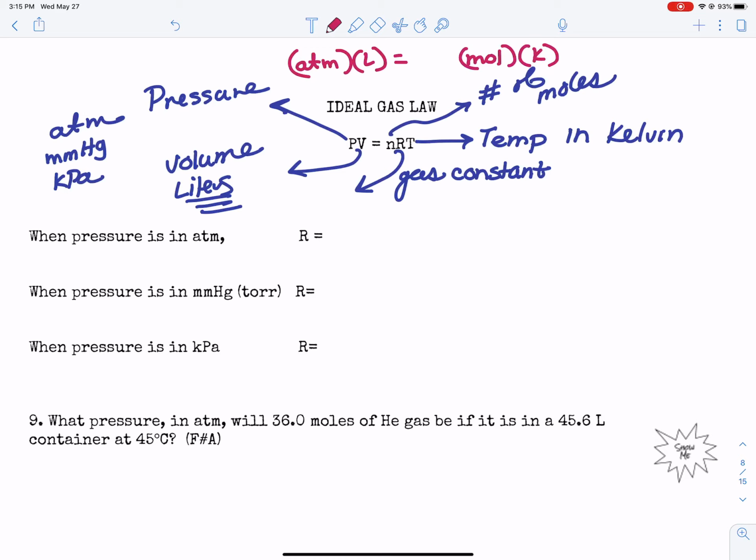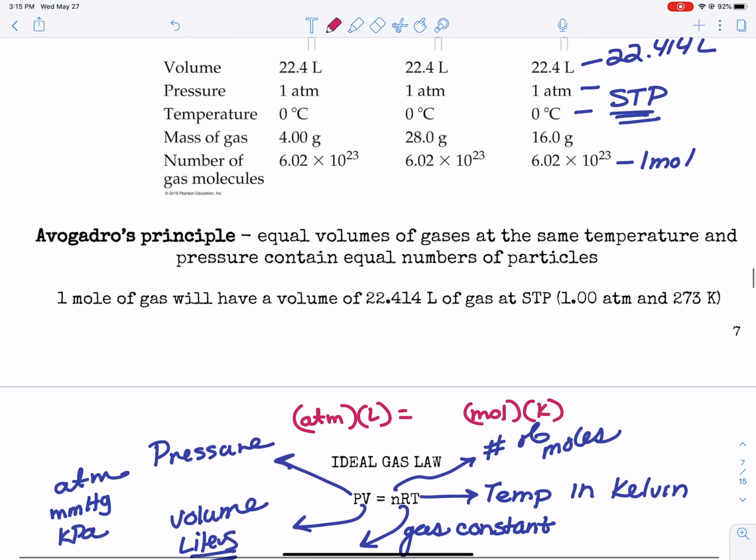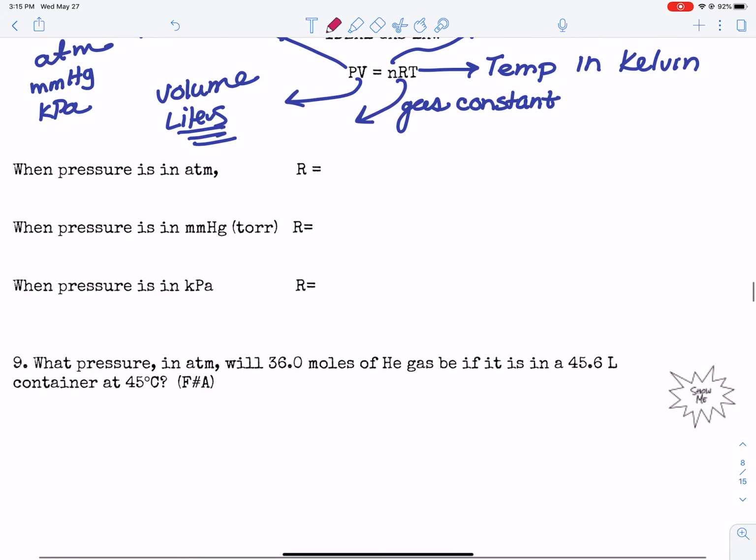And what R does is it makes sure that the units are the same on both sides and that these work out. If you want to know more about this, Google derivation of the gas constant, derivation of R, and you can see how it is derived basically from numbers like that up there. You're not going to have a test on this.